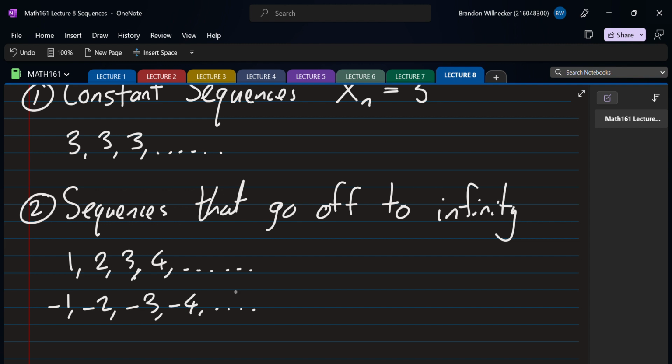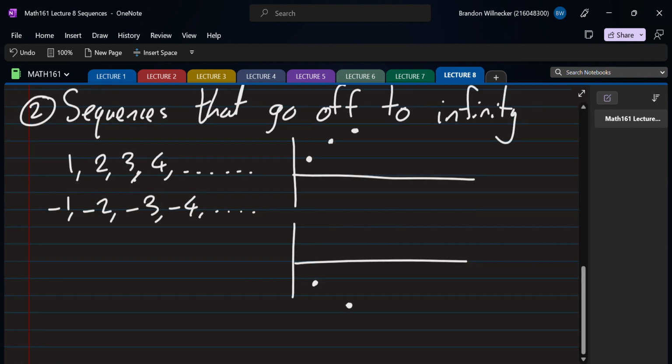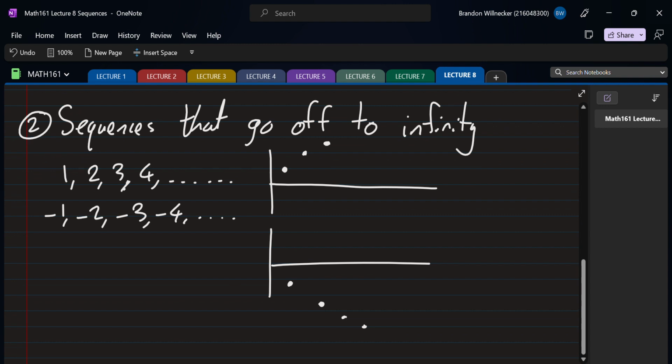If we look at a little picture, we would start off at 1 and then go off like this. For the other picture, we would start off at -1 and then go off like this. In either case, these sequences go off to infinity.